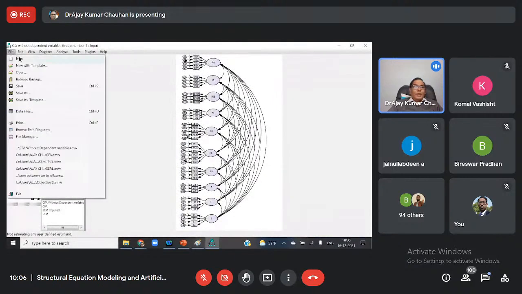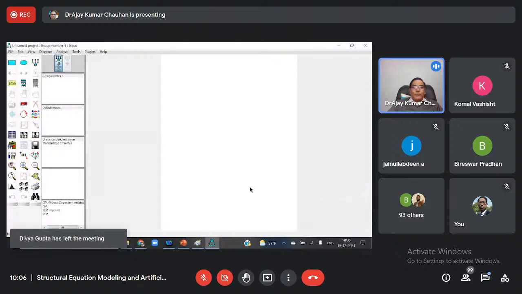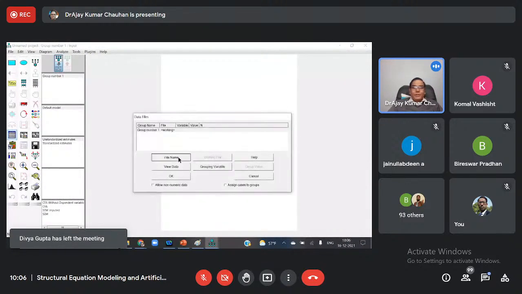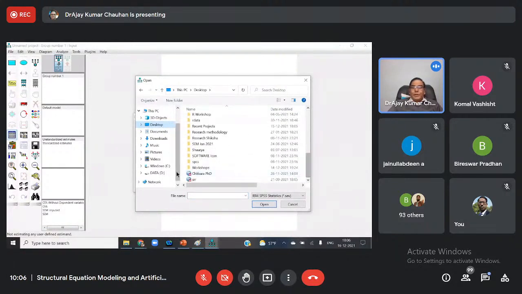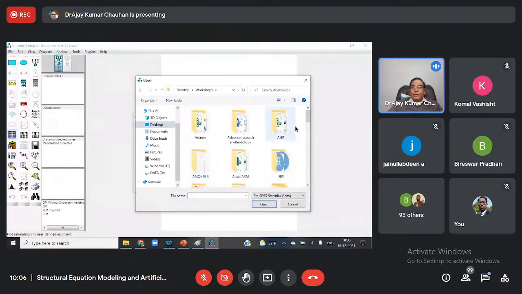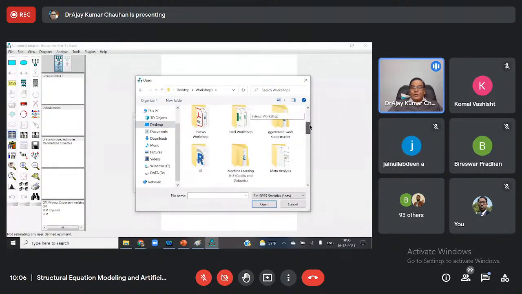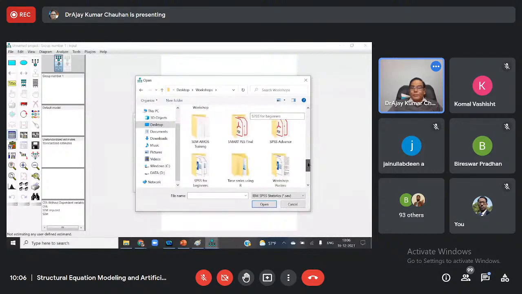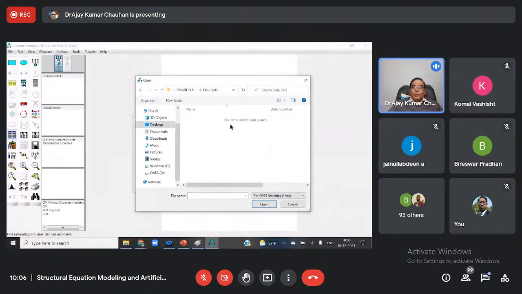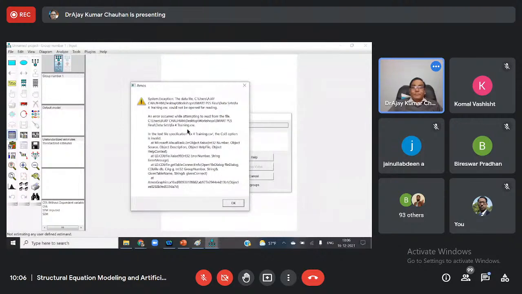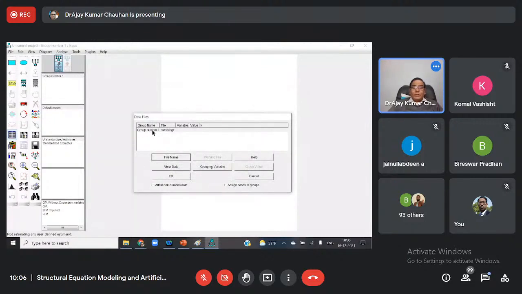Okay, so let me open a blank file. This is a blank AMOS file, and I'm importing the dataset. I'm taking the same dataset which I gave you, the training dataset, in CSV format. I think the software is not taking the CSV format.